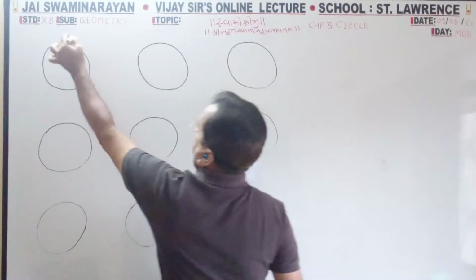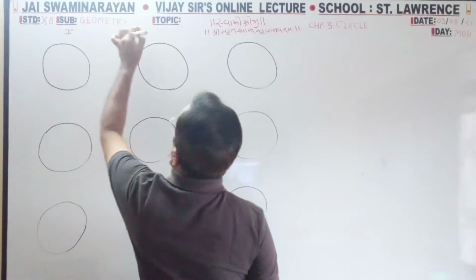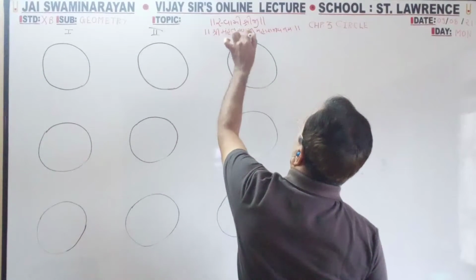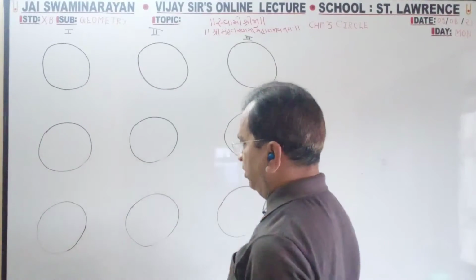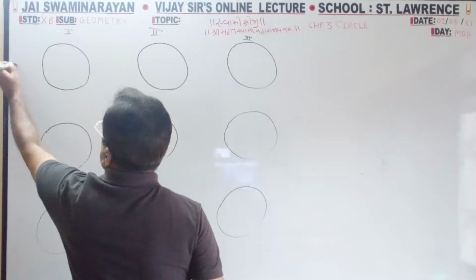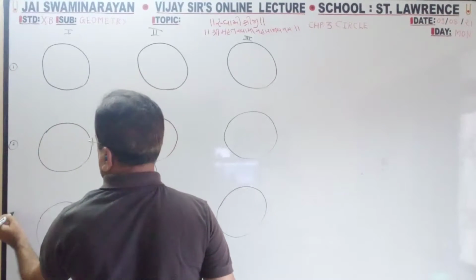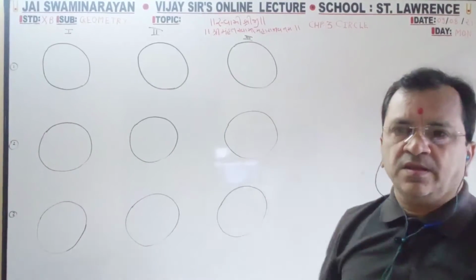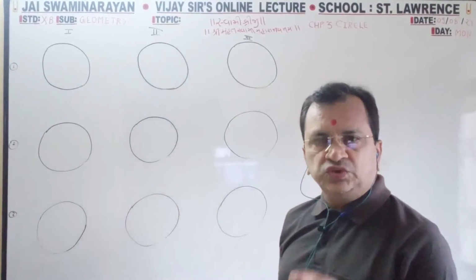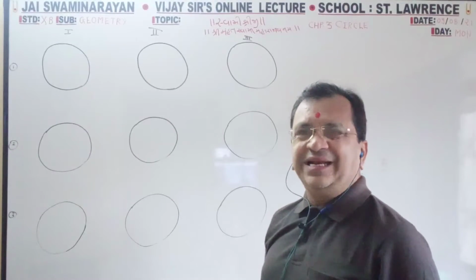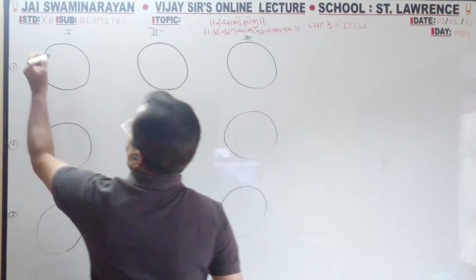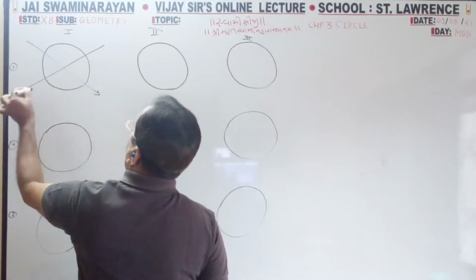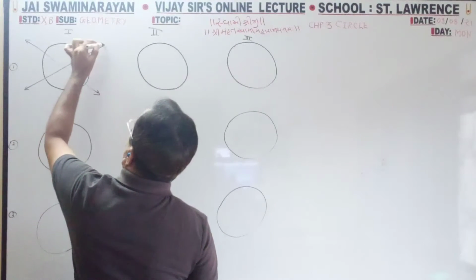Okay, so this is set number 1 formula, set number 2 formula, set number 3 formula. Two lines intersecting inside the circle.